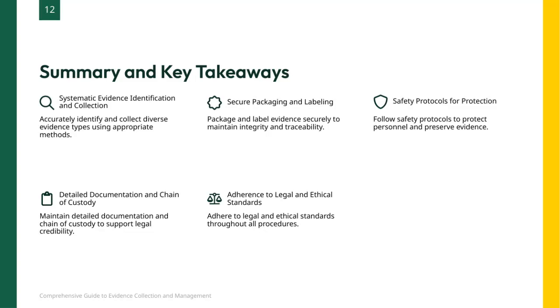To wrap up, let's highlight the key takeaways. First, it's essential to systematically identify and collect various types of evidence using the right methods to ensure accuracy. Next, secure packaging and clear labeling are crucial to maintain the evidence's integrity and allow for proper traceability. We also need to strictly follow safety protocols, not only to protect ourselves, but also to preserve the condition of the evidence.